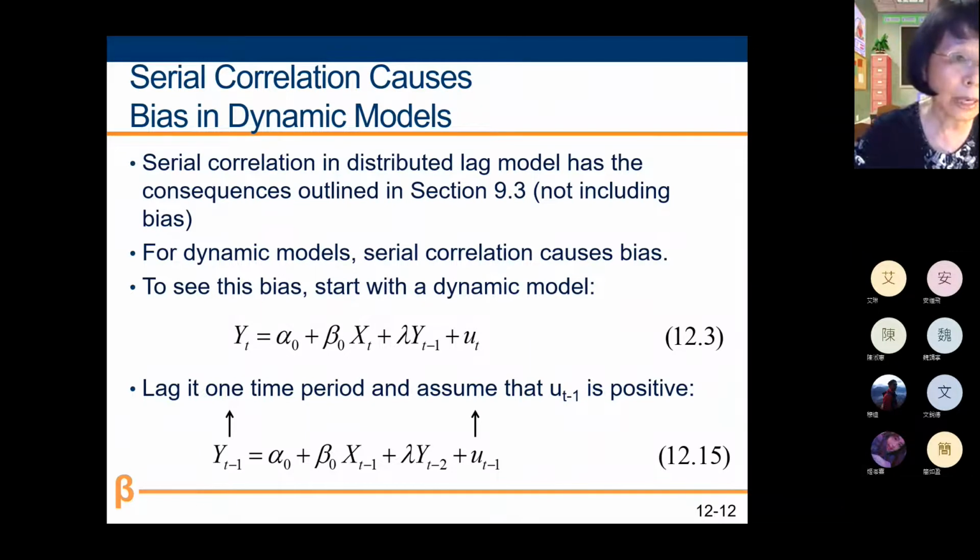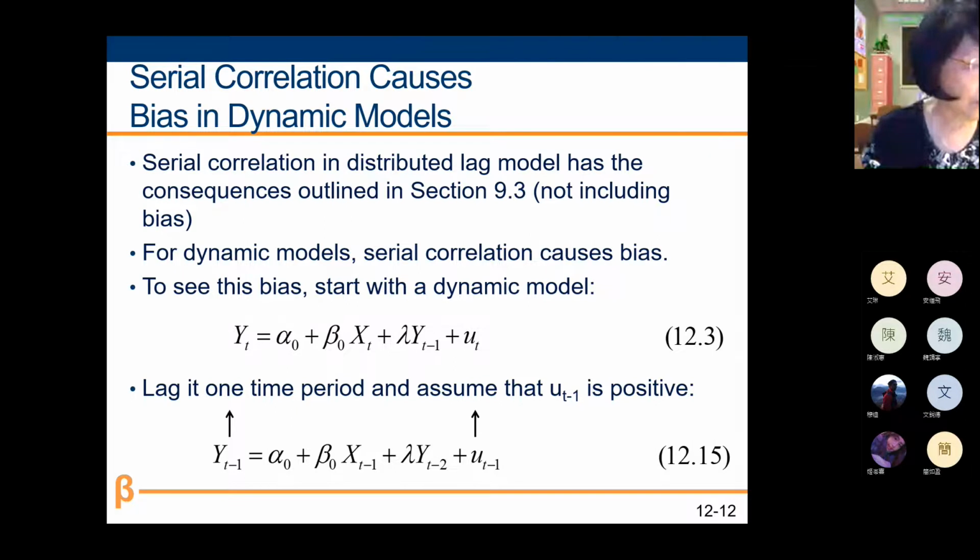So if the serial correlation is in a distributed lag model, then we will have the consequences already outlined in section 9.3. In other words, there are 3 consequences. One is that OLS is no longer a minimum variance unbiased estimator. The second one, the standard error of the beta hat is biased.